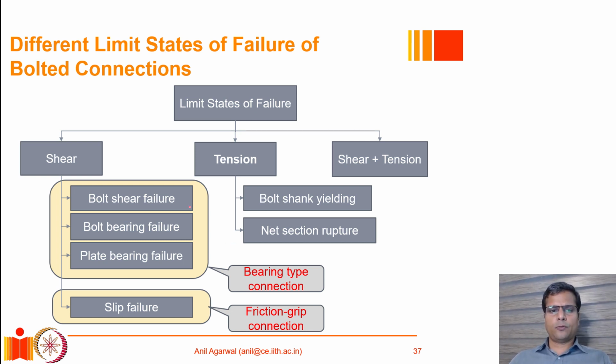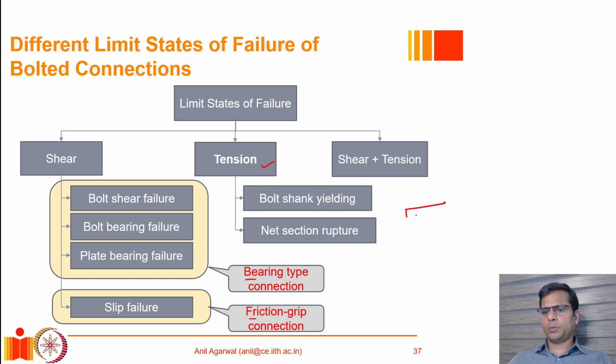So now so far we have discussed all the possibilities when the bolted joint is subjected to shear. The bolted joint could be of bearing type, or it could be a friction grip type. Now we will talk about the situations when a bolted joint is subjected to tension. What could be such a situation?